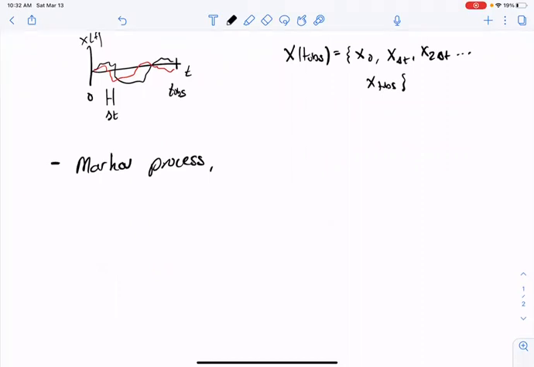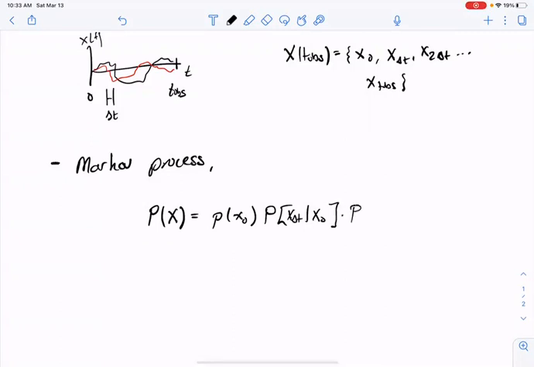A general statement of a Markov process is to say that the probability of seeing that whole trajectory, capital X, is equal to the probability of seeing its initial condition times the probability that I make a transition between X and X at some delta T in the future, times the probability that I went from X at delta T to X at 2 delta T, etc., depending only on the infinitesimal time before the time that I'm at.